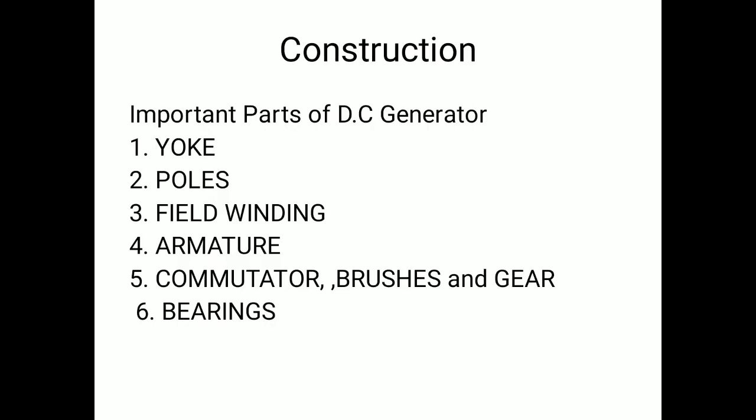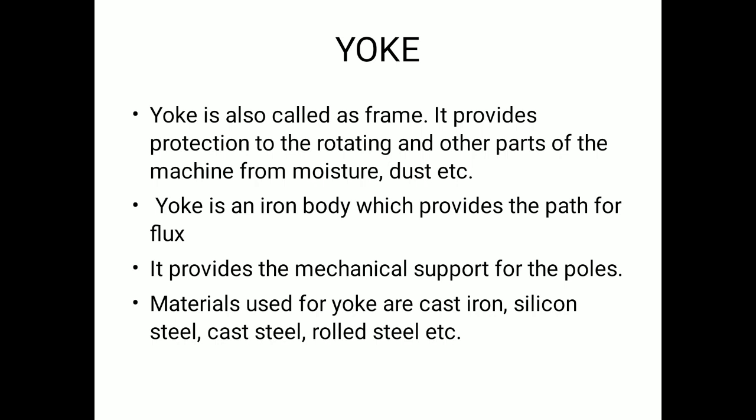The important parts of the DC generator are yoke, pole, field winding, armature, commutator, brushes, gear and bearings. First is the yoke. The yoke is the stator part of this device. It is called the frame.